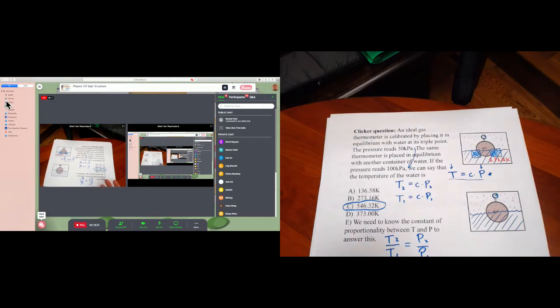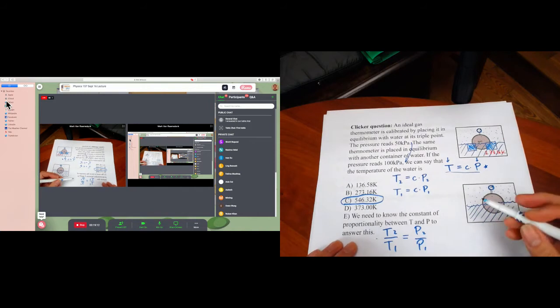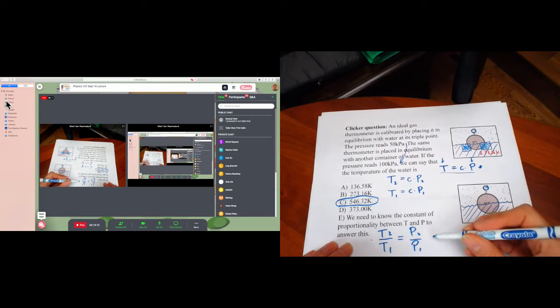Anytime you see a proportionality relation where one thing is proportional to another, this same logic applies, and T2 over T1 is equal to P2 over P1, or whatever your quantities are. This is mathematically what we're using in the quick way of doing this question.